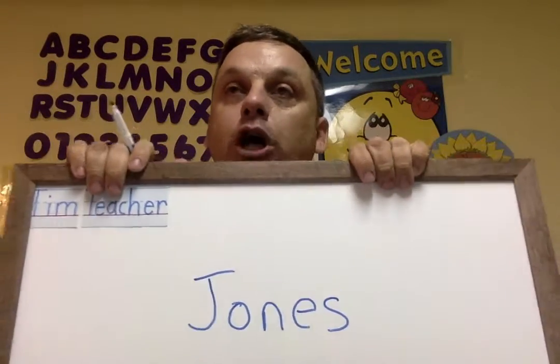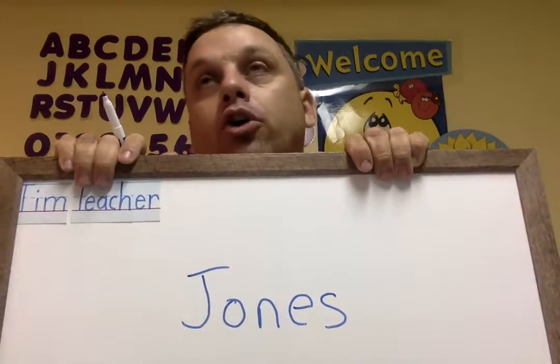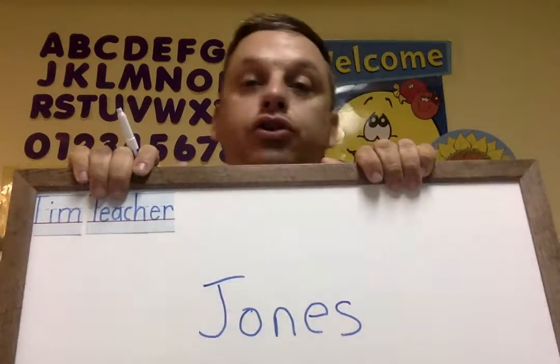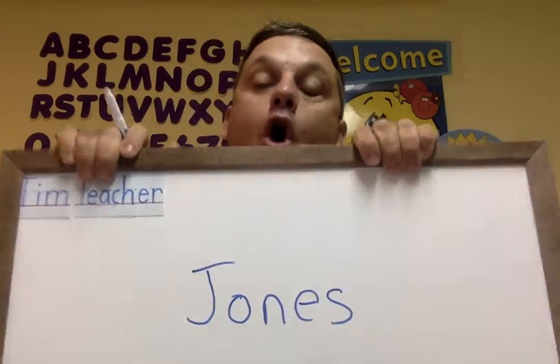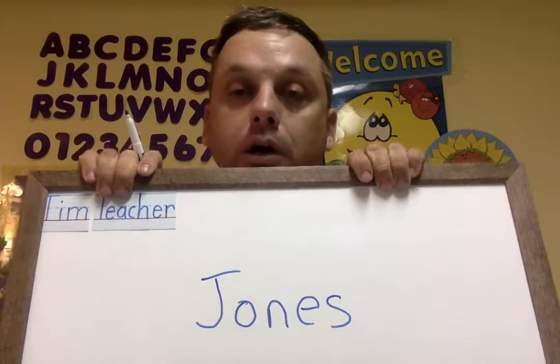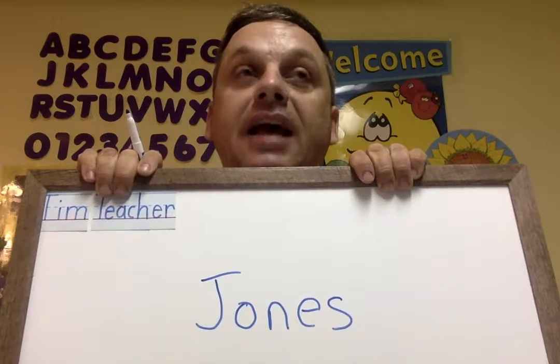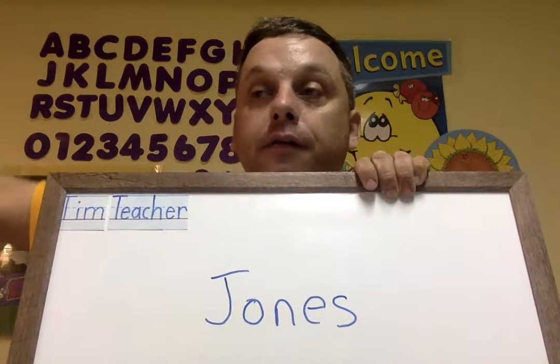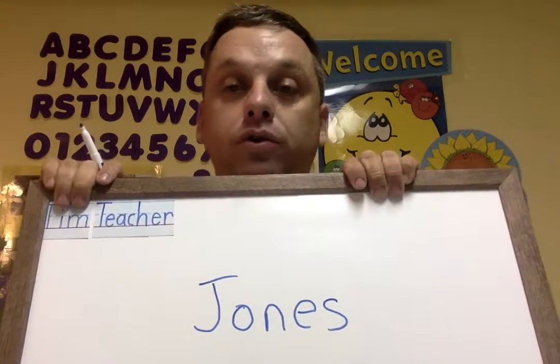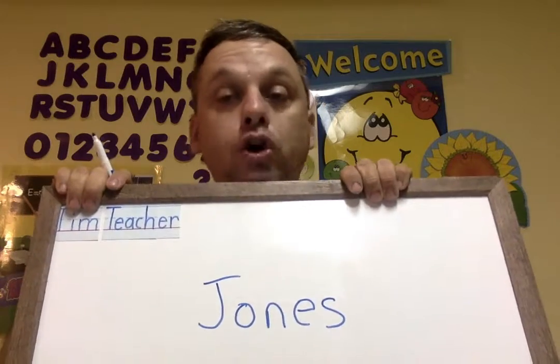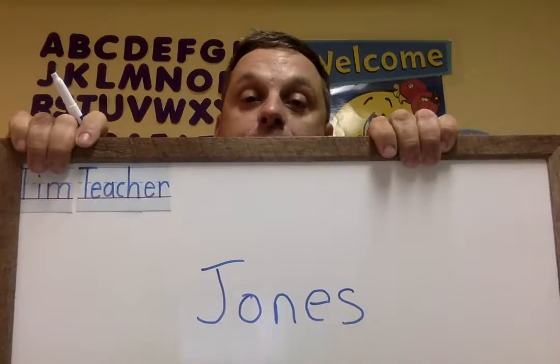Now, imagine I'm having a party, and Mr. Jones and Mrs. Jones and little Bobby Jones and little Sue Marie Jones, they're all coming to the party. So more than one Jones. Maybe some people with the last name Jones from other families, aunts and uncles. So I could make this plural and possessive.